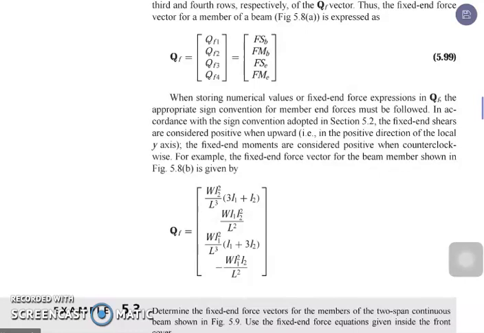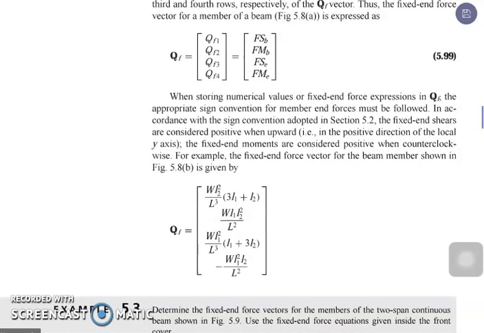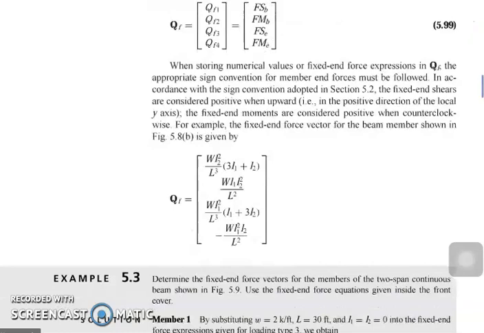For Q sub F1 and Q sub F2, those are the shear force and moment force at the beginning of the member. Then Q sub F3 and Q sub F4 are the shear force and moment force at the end of the member respectively.